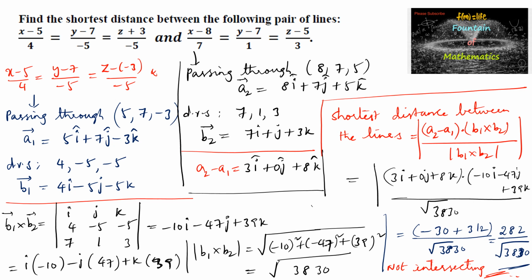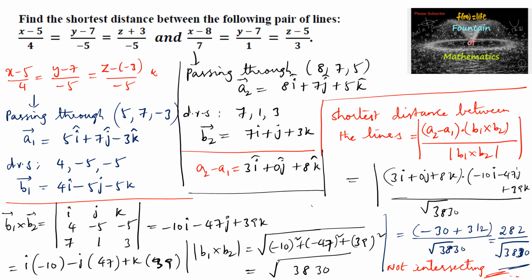The shortest distance between the lines passing through the points a1 and a2 and having the direction ratios b1 and b2 respectively can be taken as a2 minus a1 dot b1 cross b2, upon mod of b1 cross b2, the whole mod.